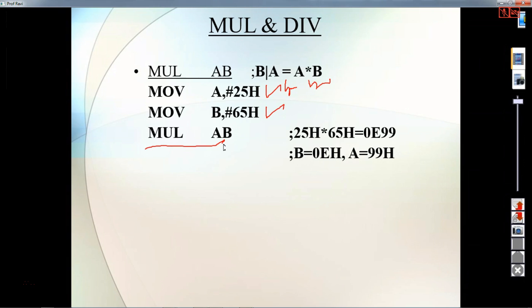If you write the instruction MUL AB and multiply, the result is 0E99H. So 99 will be stored in A and 0E will be stored in B. This is the syntax, because when you multiply two 8-bit numbers, the result will be 16 bits.